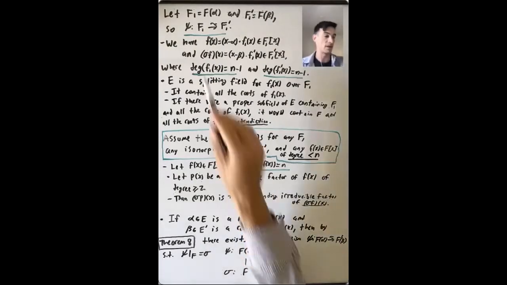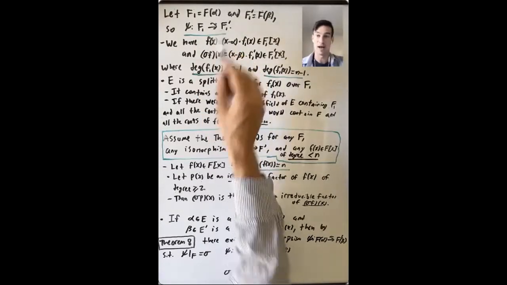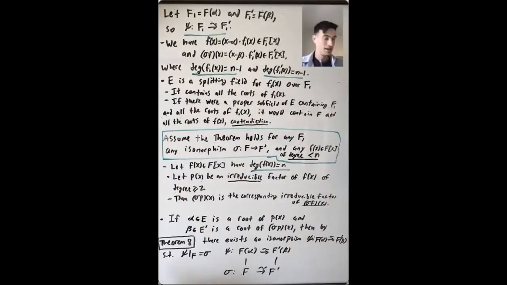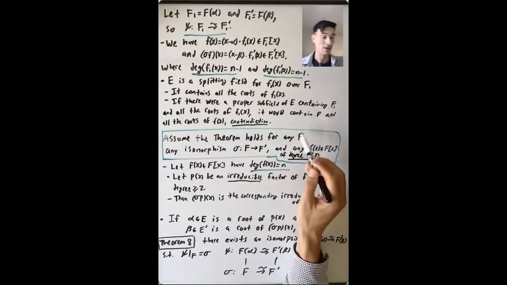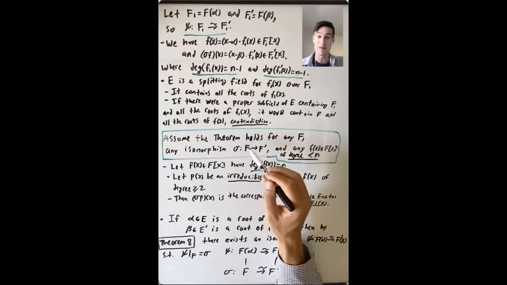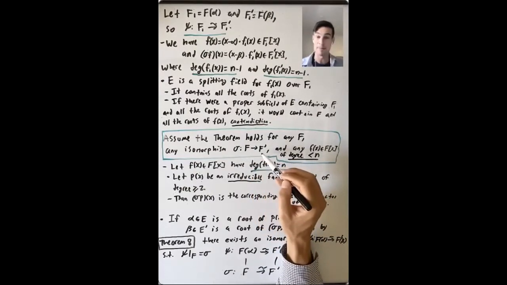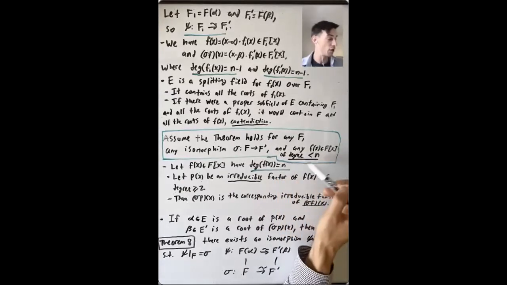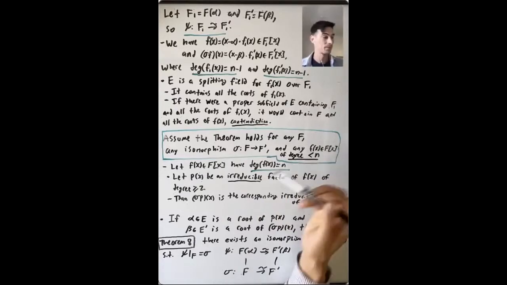It's an isomorphism from F1 to F1 prime. So now we have a field F1 and an isomorphism, which we're calling psi, from F1 to F1 prime. So what's the polynomial that we're going to work with in F1 bracket x of degree less than n?